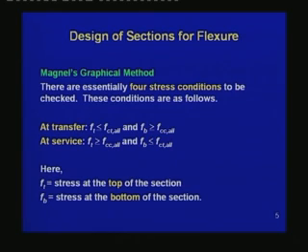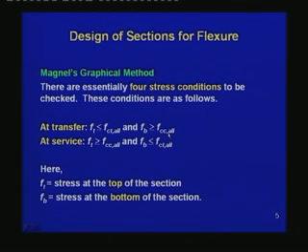There are essentially 4 stress conditions to be checked at the critical section. These conditions are as follows. At transfer, we need to make sure that the stress at the top of the section is less than the allowable tensile stress in the concrete, and the stress in the bottom should be greater than the allowable compressive stress for the concrete.